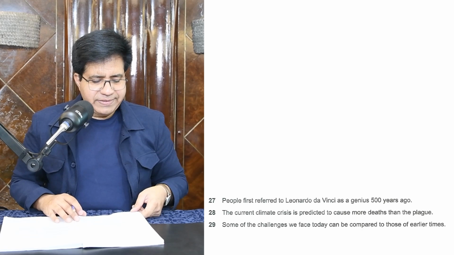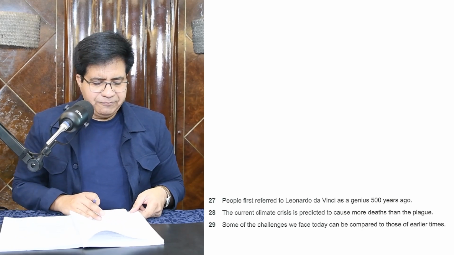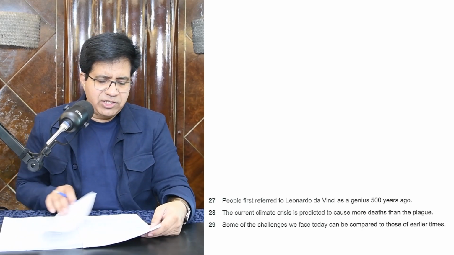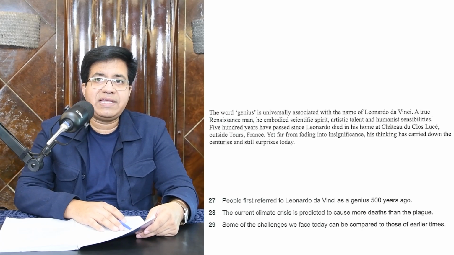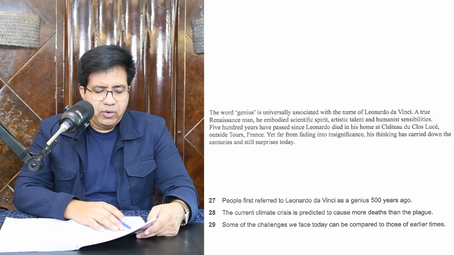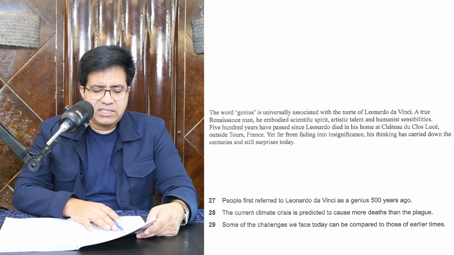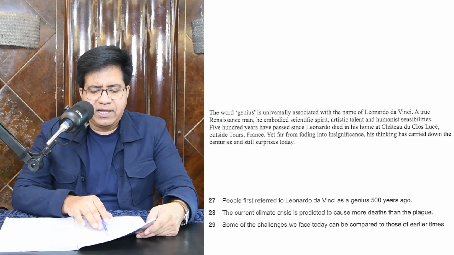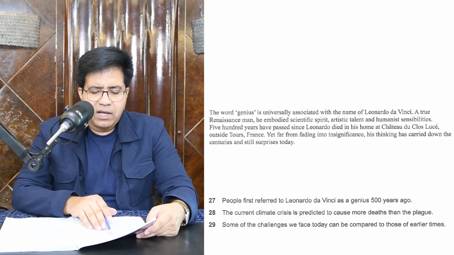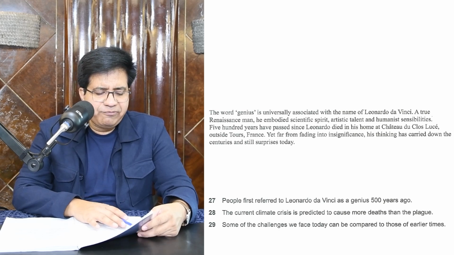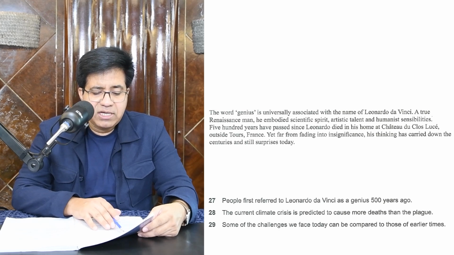So, let's see. People first referred to Leonardo da Vinci as a genius. I'm reading from the first paragraph and you can see 500 years in numbers. Okay, the word genius is universally associated with the name of Leonardo da Vinci, a true Renaissance man. He embodied scientific spirit, artistic talent, and humanist sensibilities. 500 years have passed since Leonardo died in his home.